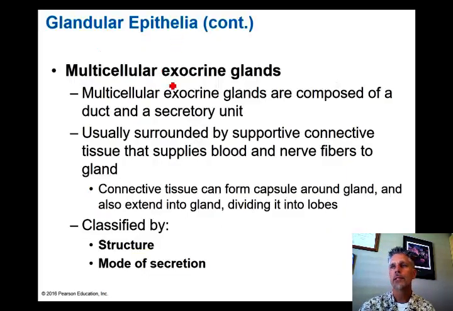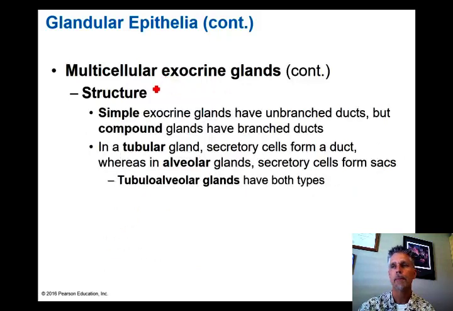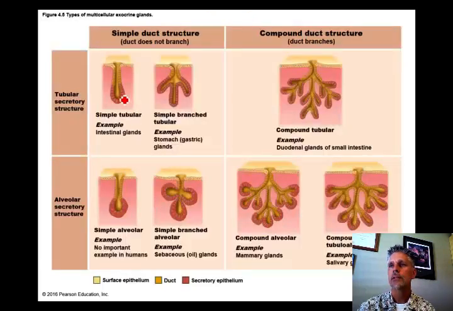When we have multicellular exocrine glands, like sweat glands and salivary glands, they have that duct that comes out of them. And so they can be classified by structure and mode of secretion as well. So the structure, if they're simple, they just have a single duct coming up. Let me show you. So simple, we can see just a single duct coming up like this, as opposed to compound.